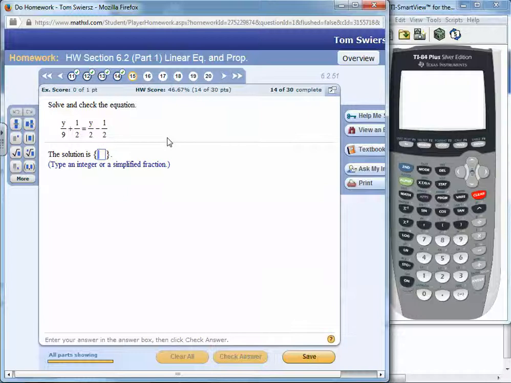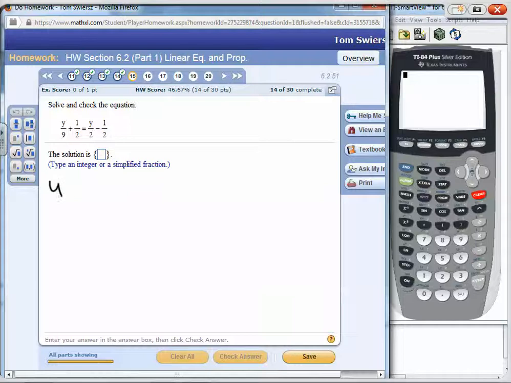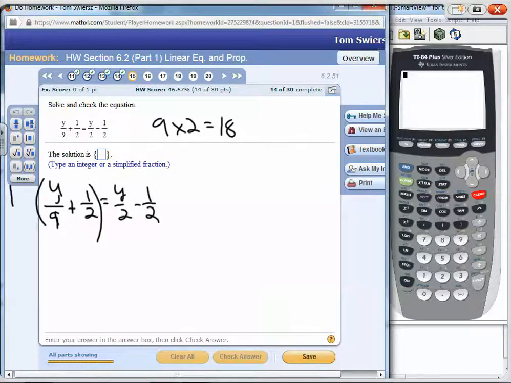Homework exercise 15. y over 9 plus 1/2 equals y over 2 minus 1/2. Okay, 9 times 2, nothing's common, is 18, right? So the least common multiple of the denominators is 18.